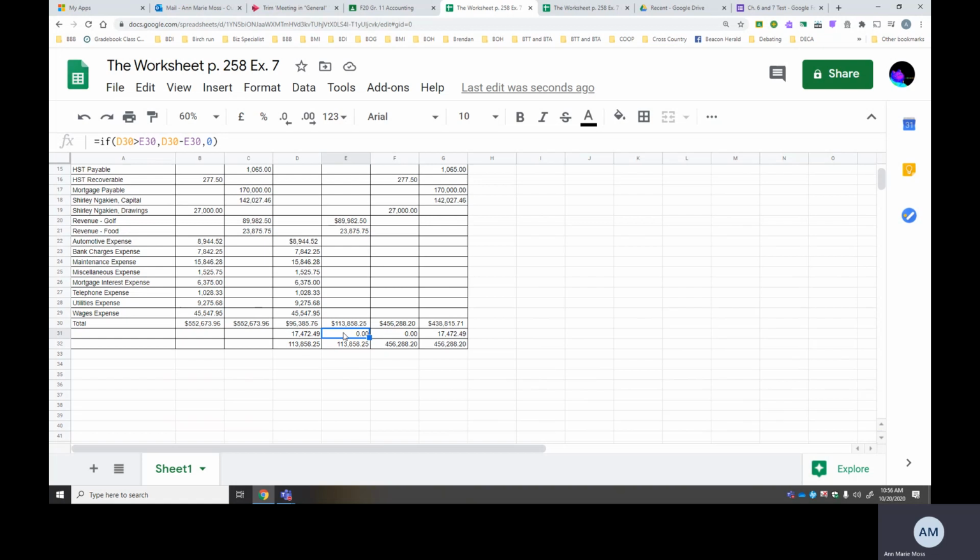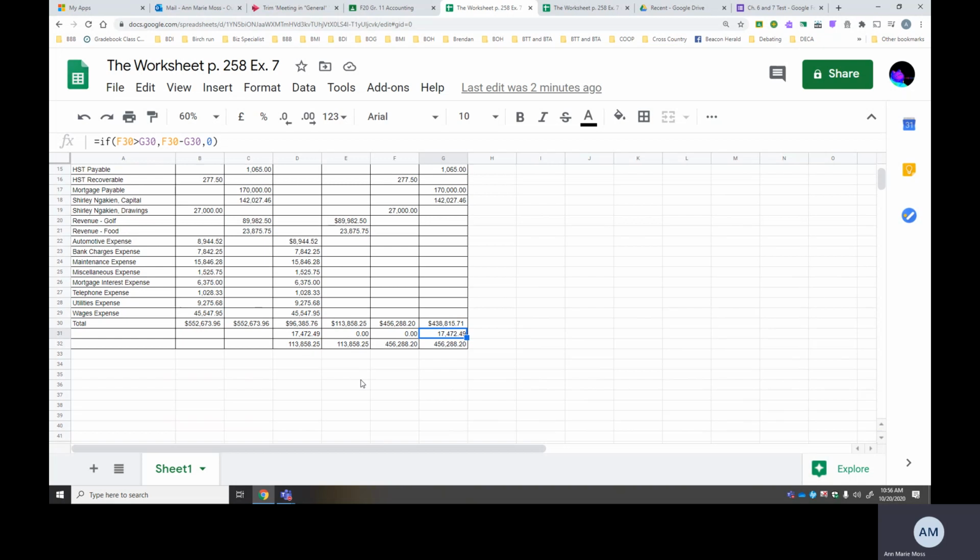If we look over here, it says if D30 is greater than E30, then subtract this number from this number and put it in this cell here. If that's not the case, just put 0. And we do that over here as well. I'll let you take a look at those if statements.